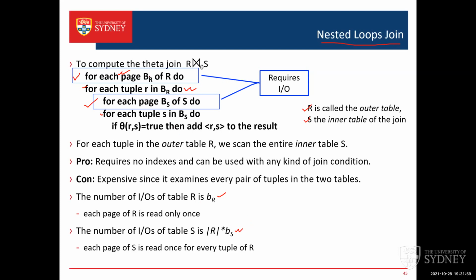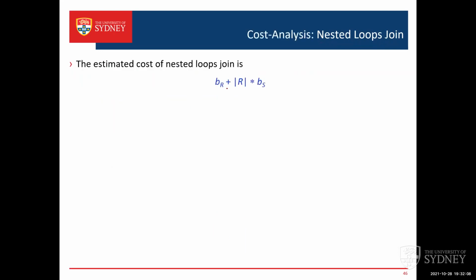So what will be the total cost? For reading all of the R pages, we need BR. To read S, we need this amount of transfer. If we sum them up, we get the number of transfers needed for nested loop join. This part says for each tuple, transfer all of the blocks of S, and this part says only transfer all the blocks once for table R. Summing them up gives the total number of transfers, and that is the IO cost.